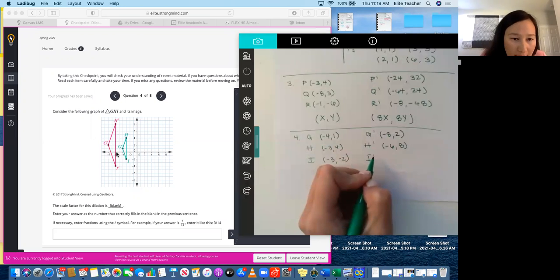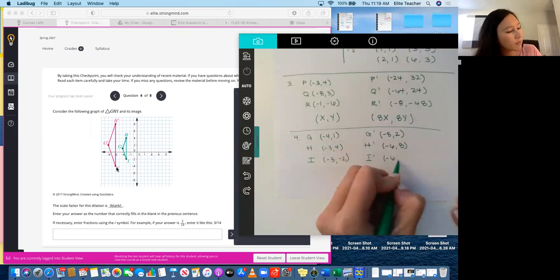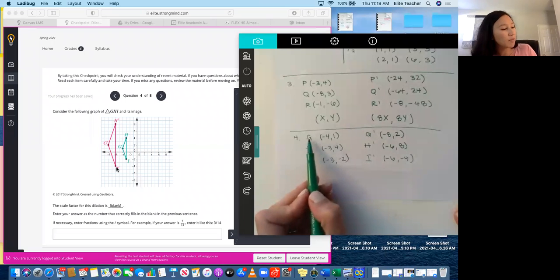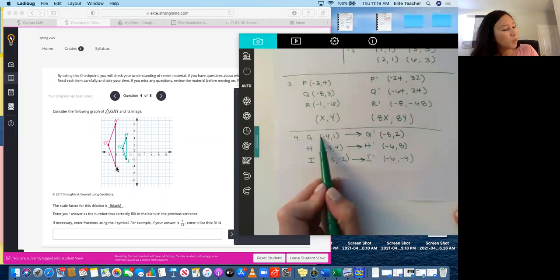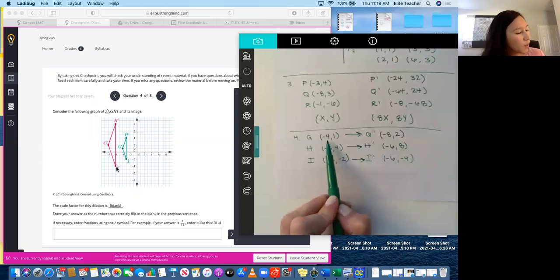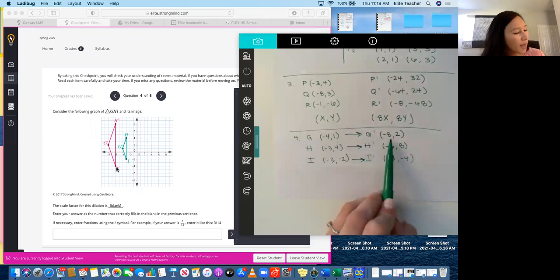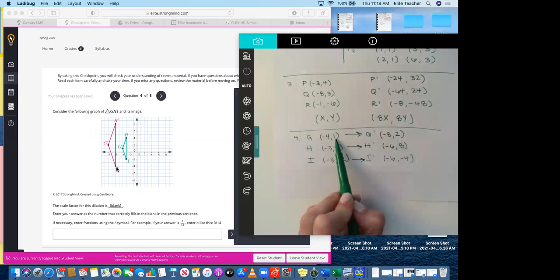And I prime is at -6, -4. Remember, we're going from G to G prime, so you want to look from this point to this point. If you go the other way, it's going to be wrong. So what do we multiply -4 by to get -8? 2. Yep. And 1 times 2 gives us 2.